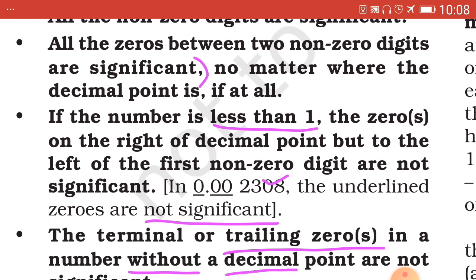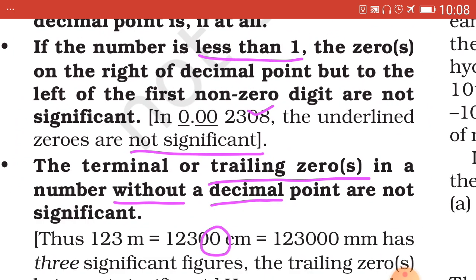Means in this particular case, the zeros to the right of the decimal point but to the left of the first non-zero digit are not significant. Here in the example 0.00, before that a 0 is there on the left-hand side, which is not to be considered.